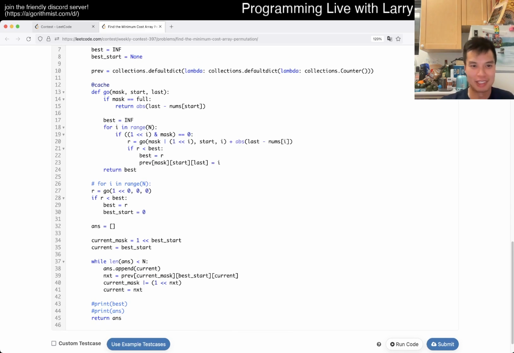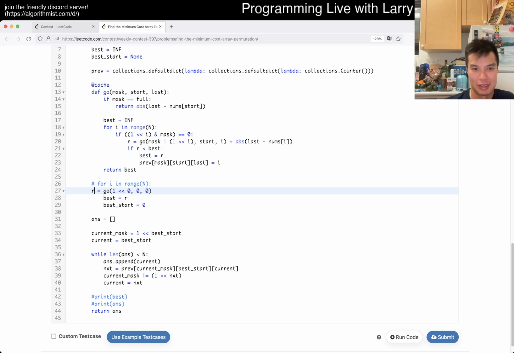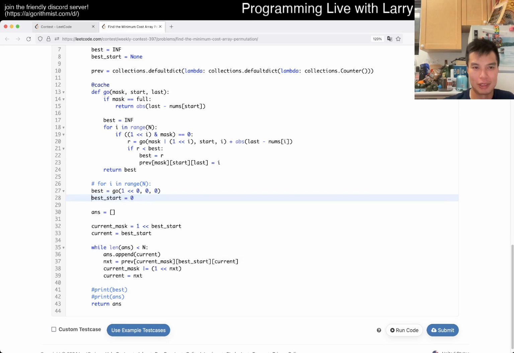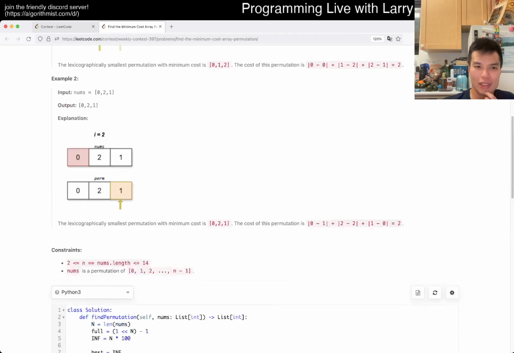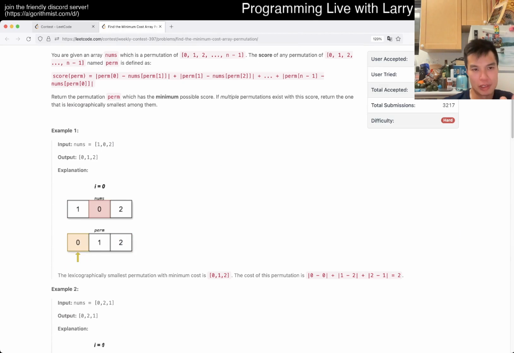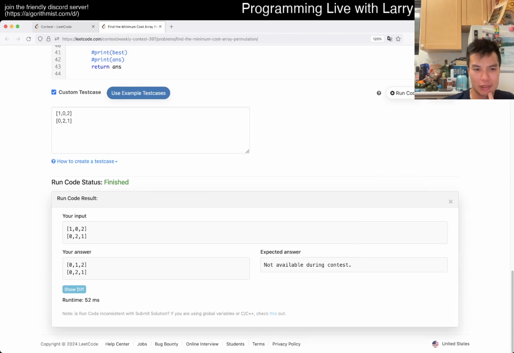Let me clean this up and then we submit. No, I mean that's fine. It's fine. Let me clean up a little bit. Why is num sub 0? Oh, because you might have 0 at the end, but why does that matter?